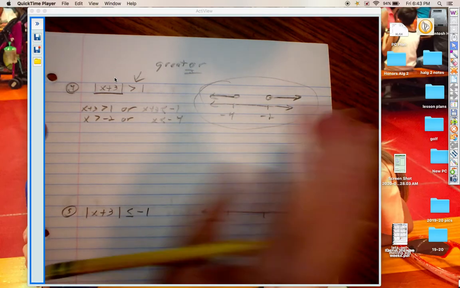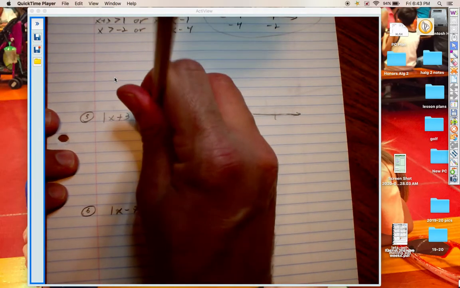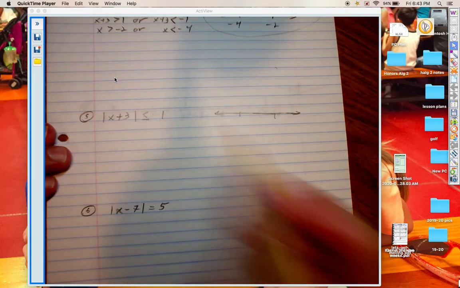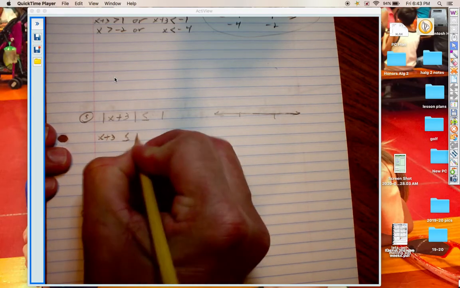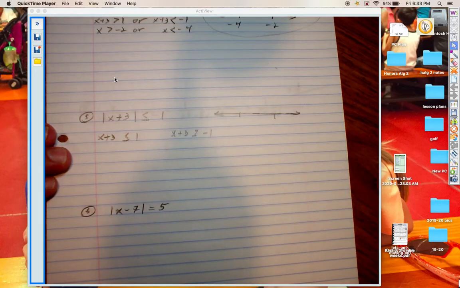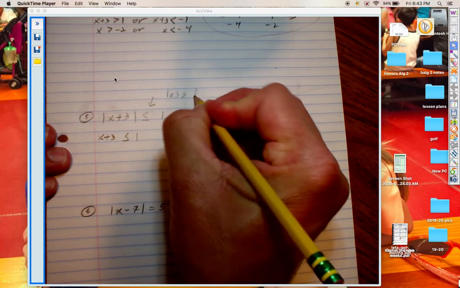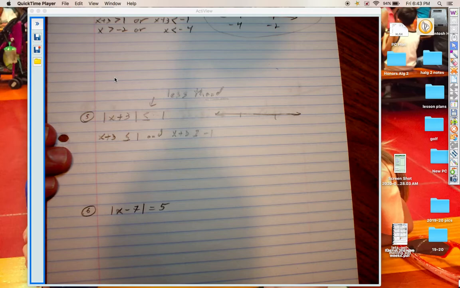Going quick, hopefully it's a review. Let me change this. All right, absolute value of x plus 3 is less than or equal to 1. So I'm going to go x plus 3 is less than or equal to 1. X plus 3 is greater than or equal to negative 1. Less than is an and statement, so I want what they have in common.